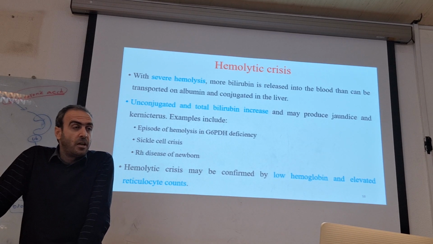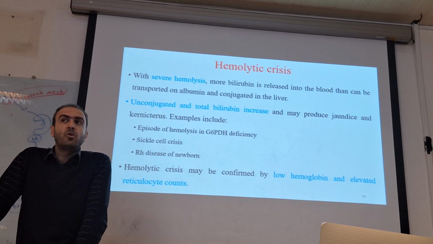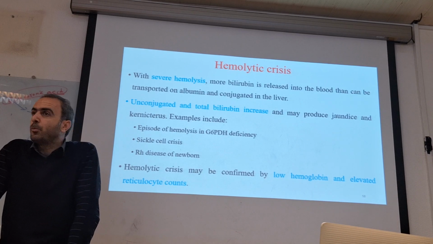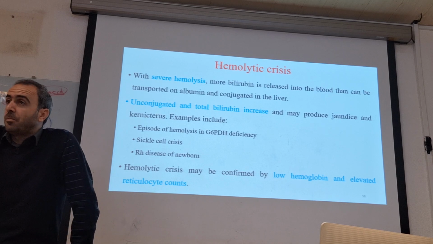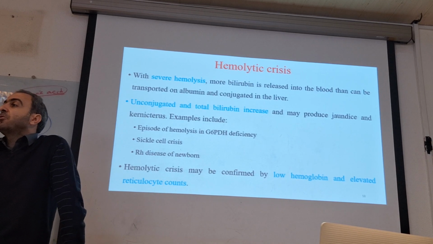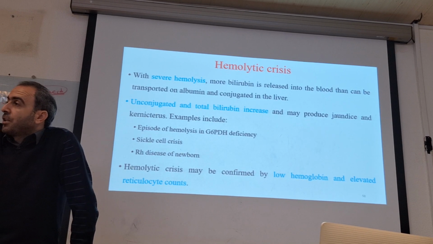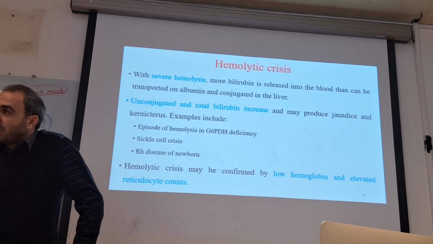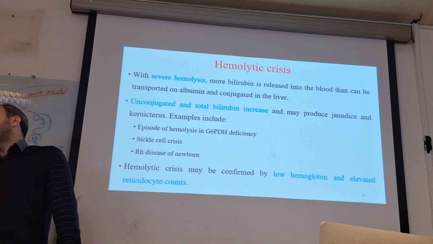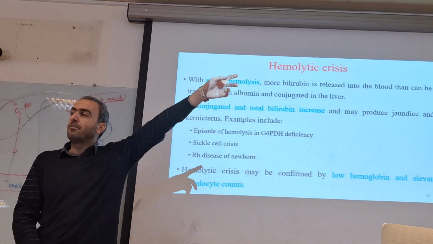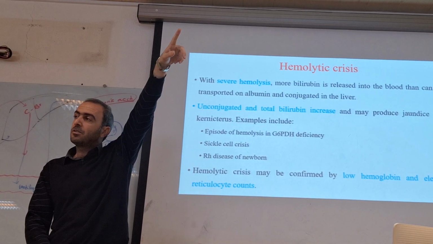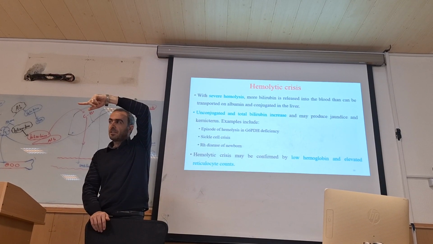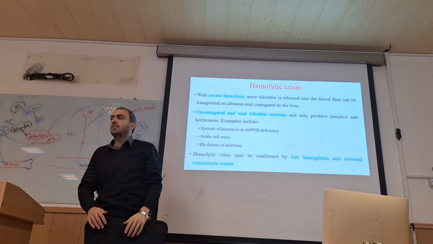Glucose-6-phosphate dehydrogenase. It's important in which pathway? The pentose phosphate pathway. For production of what? NADPH. NADPH is important for maintenance of glutathione. Glutathione is important for maintenance of the RBC membrane. So when we don't have this enzyme, we don't have NADPH, we don't have glutathione, and the RBC membrane is degraded. So hemolysis is active.